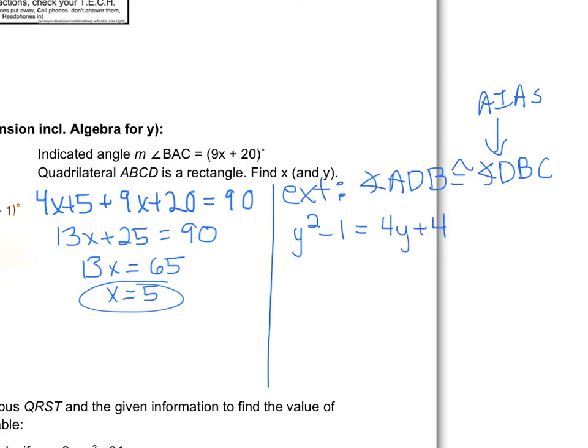And then when we have a quadratic equation, notice the y squared's not canceling out this time. So if we bring these two terms over on the right-hand side over to the left and get it set equal to 0, like quadratic equations should, and then put some terms in the correct order, we're subtracting our 4y over, we're subtracting our 4 over. So that's y squared minus 4y minus 5 now is set equal to 0.